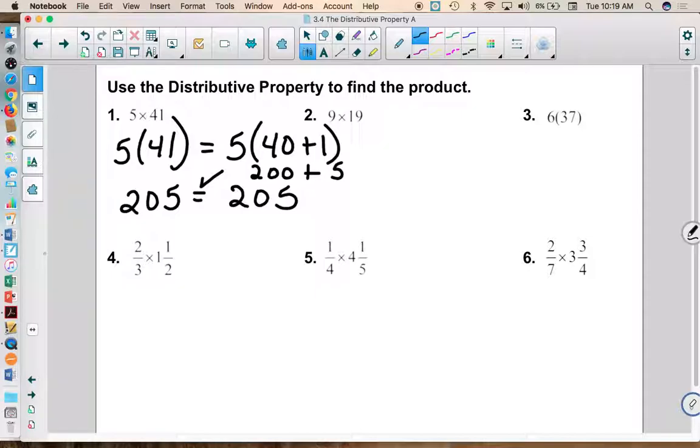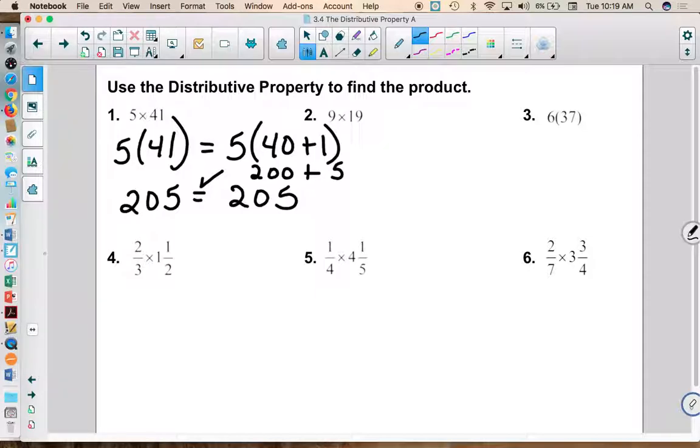Are these equivalent expressions? Yeah. And I use the distributive property to find the product of two expressions. I've created equivalent expressions by breaking it out. Okay? That's kind of what we were doing, identifying those equivalent expressions with our commutative property and our associative property. Same thing. It's still an equivalent expression.